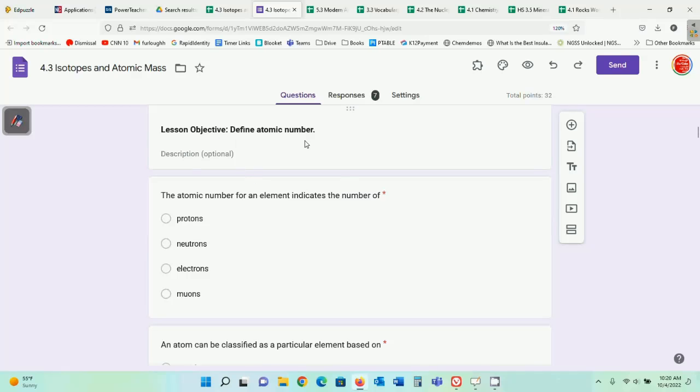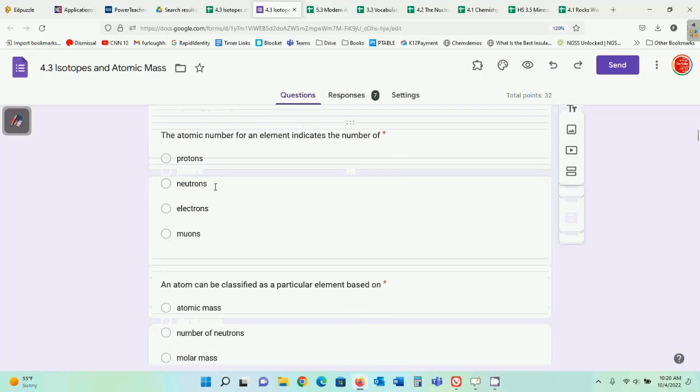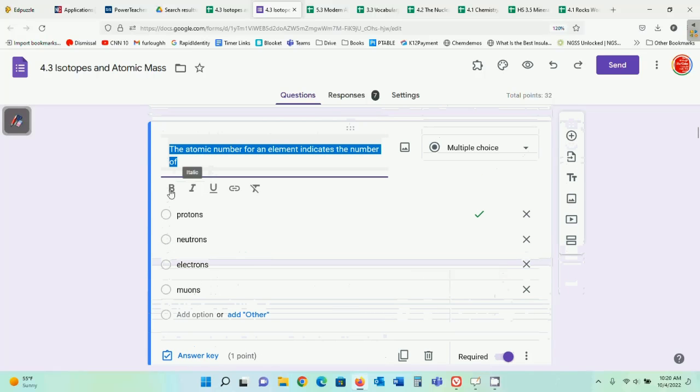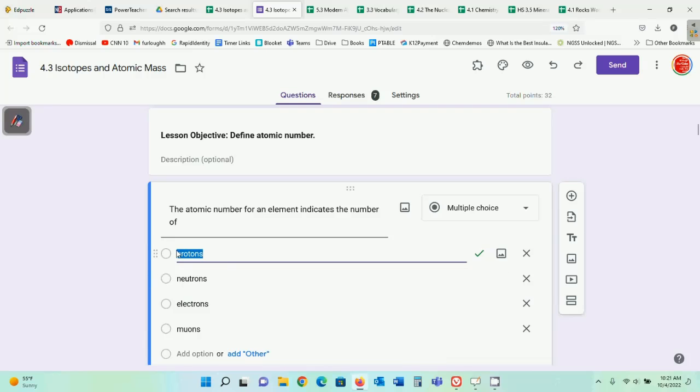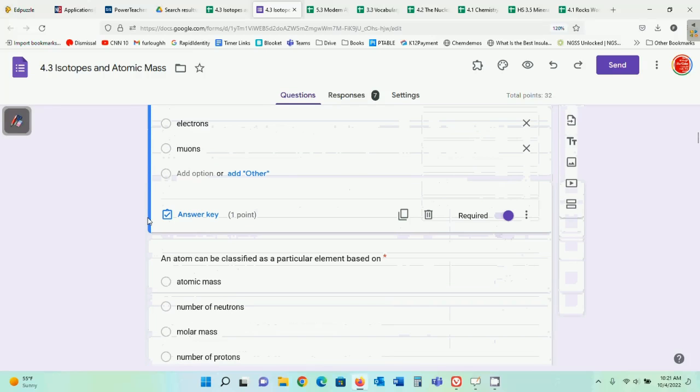Define atomic number. So that tells you need to know what the atomic number is and how it's used. All right, the atomic number for an element indicates the number of blank. The definition of atomic number is that it is the number of protons. Okay, so the atomic number is the number of protons.